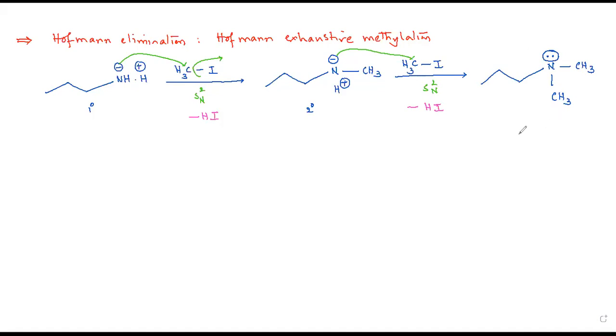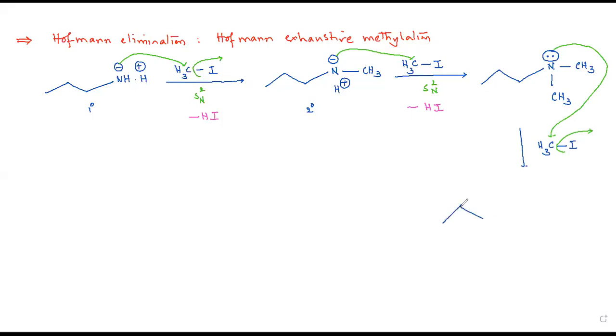Now again, when you treat it with methyl iodide, see there is nothing to eliminate. When there is nothing to eliminate, the simple thing is the lone pair on nitrogen comes into picture. You have no H plus to remove, so simply it gets connected this way.